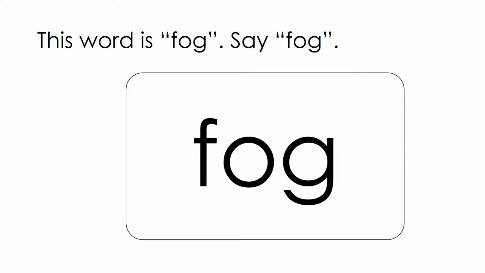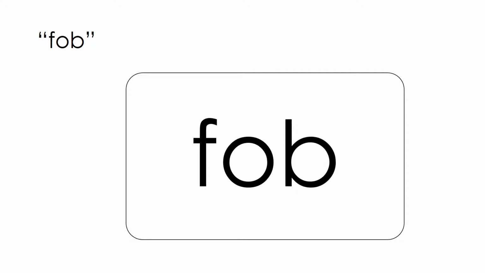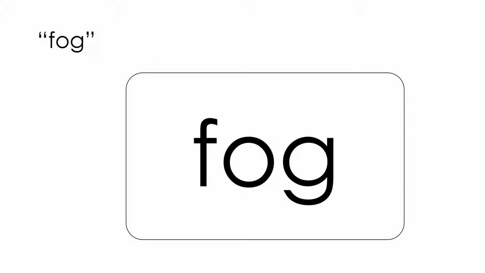This word is fog. Say fog. If you change the G in fog to B, what word do you have? Fob. If you change the B in fob to G, what word do you have? Fog.